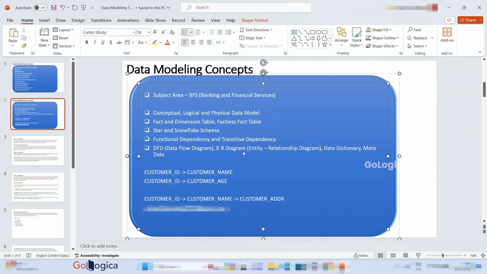Then they have other services like loans. In loans, we have three types: personal loans, car loans, home loans, gold loans.